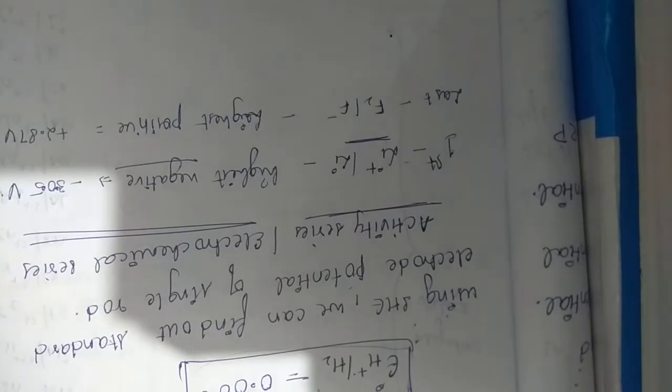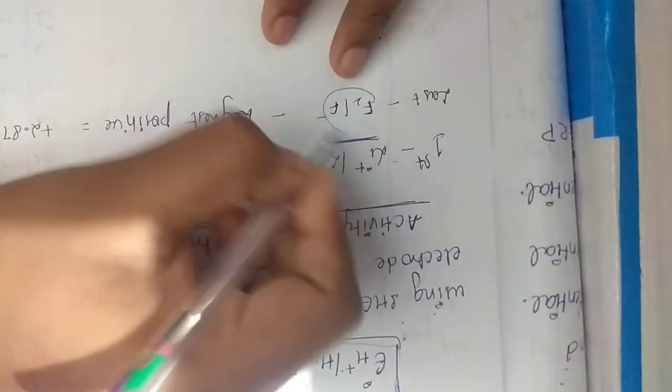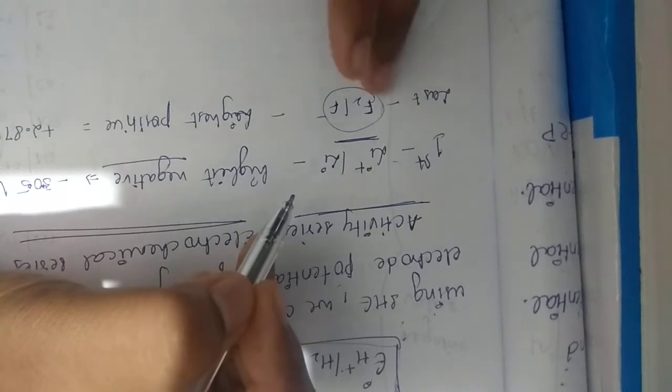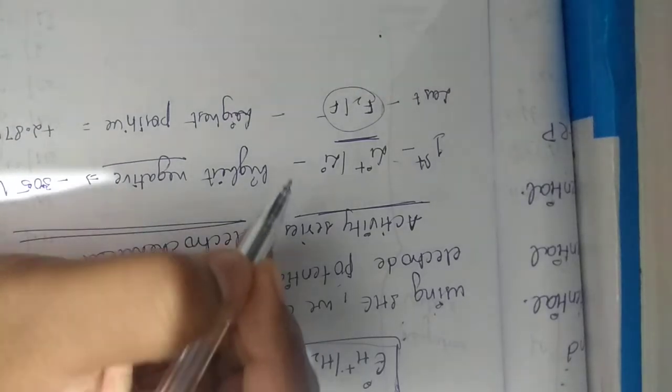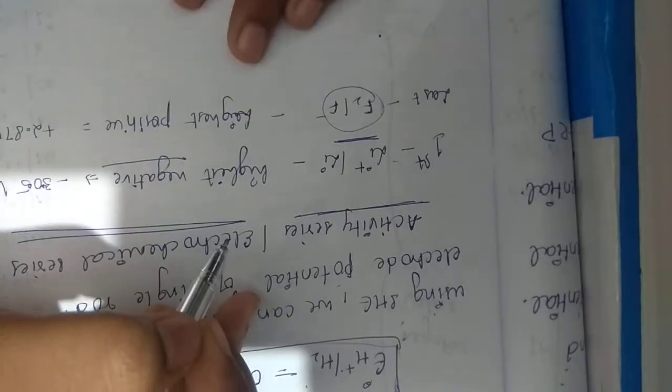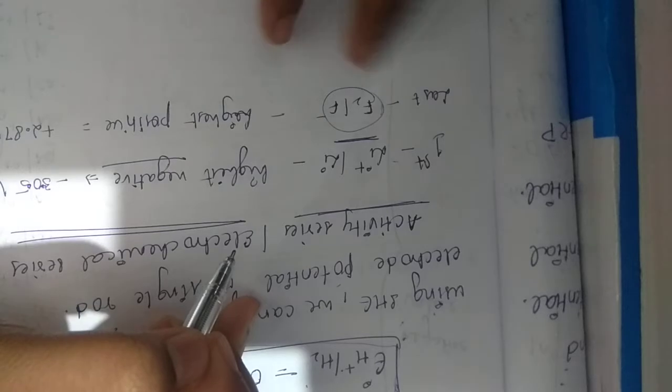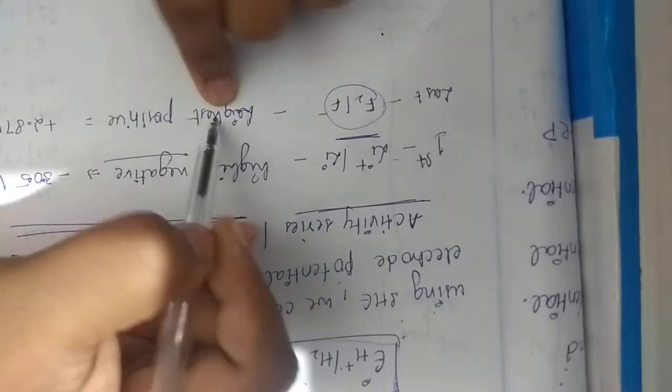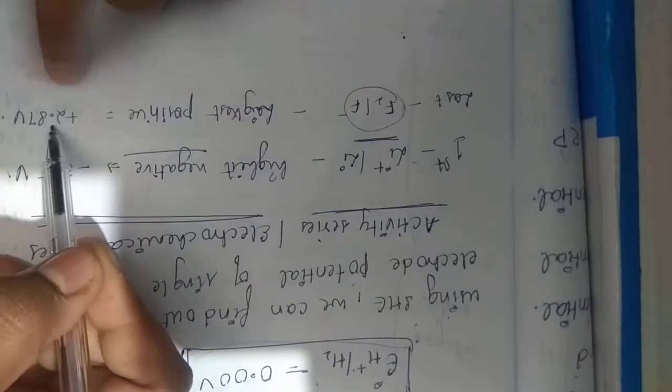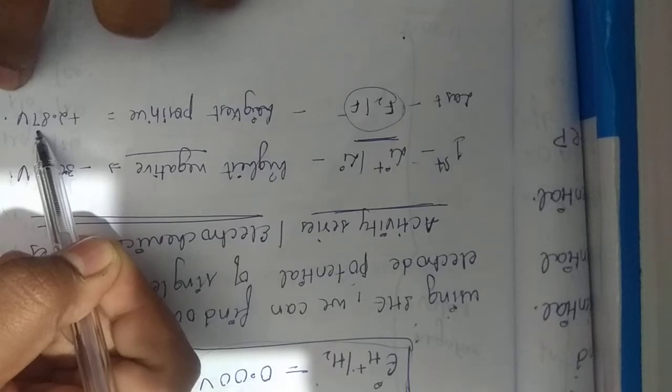And the least negative, or the highest positive, is F2 and F minus. Fluorine is highly oxidizing, and its value is highly positive, plus 2.87 volts.